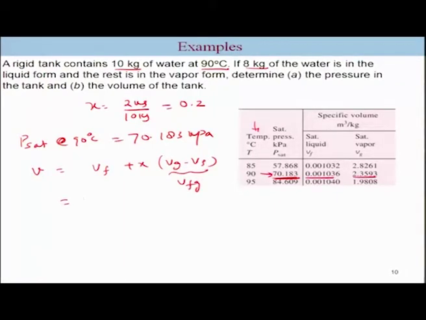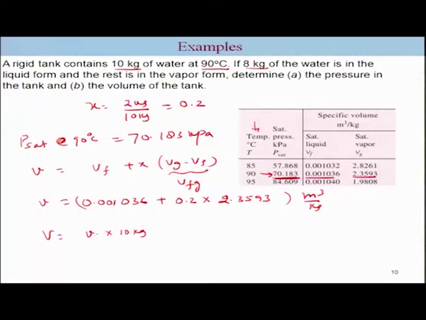So, we can write down here 0.001036 plus 0.2 multiplied by 2.3593. Okay, so, that will get V here in terms of meter cube per kg. Now, in order to get the volume, we need to multiply V by 10 kg.